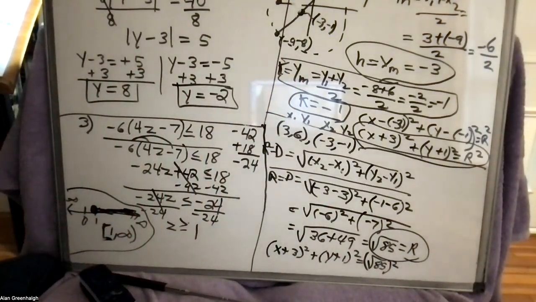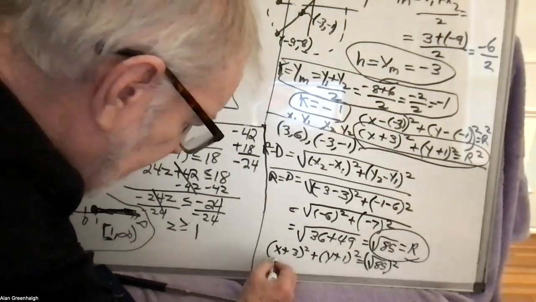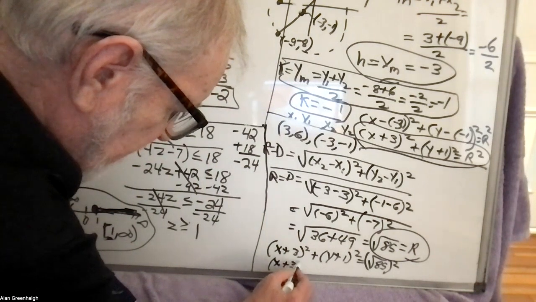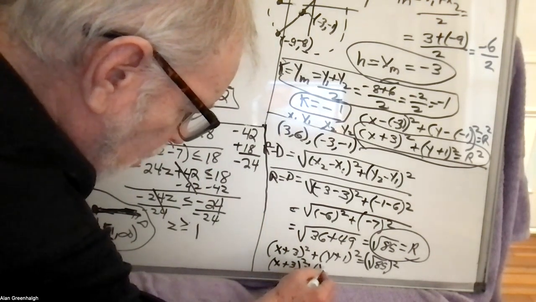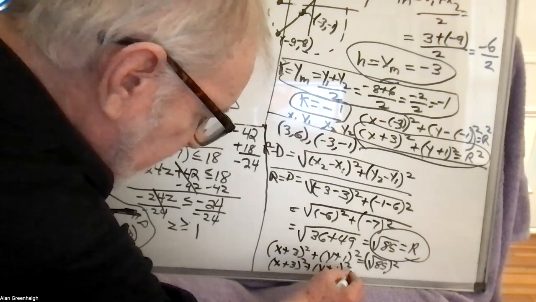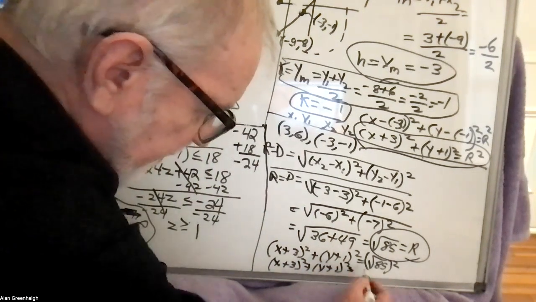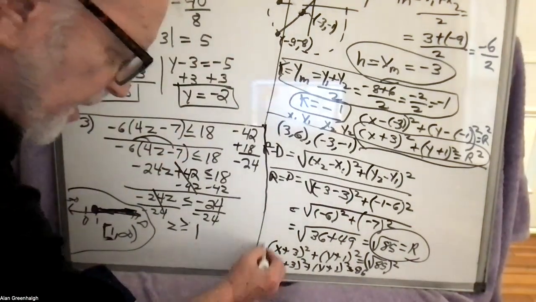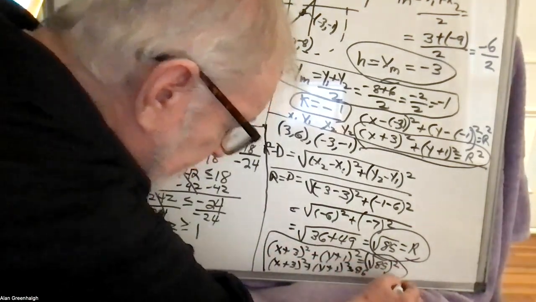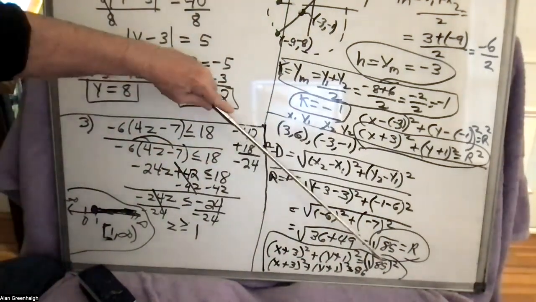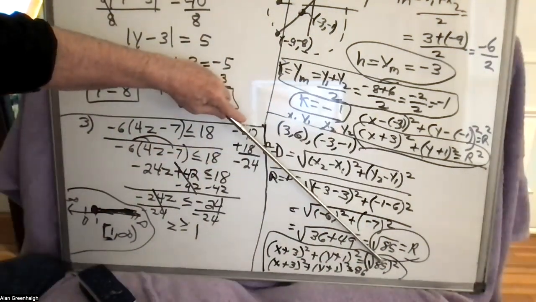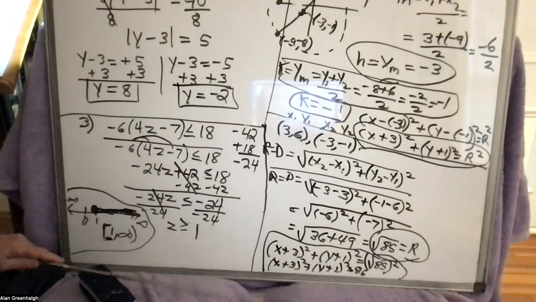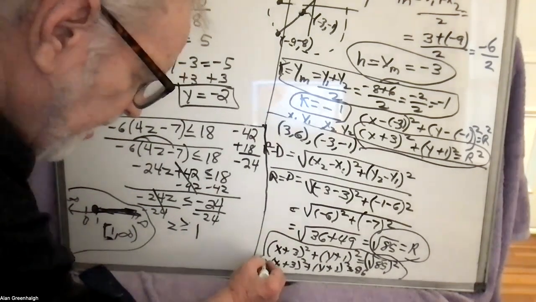Now, some people had x plus 3 squared plus y plus 1 squared equals the square root of 85 squared is simply 85. I accepted either one of these two answers. But the better answer is to indicate that the square root of a number squared is equal to the number itself. And this was the answer to the question.